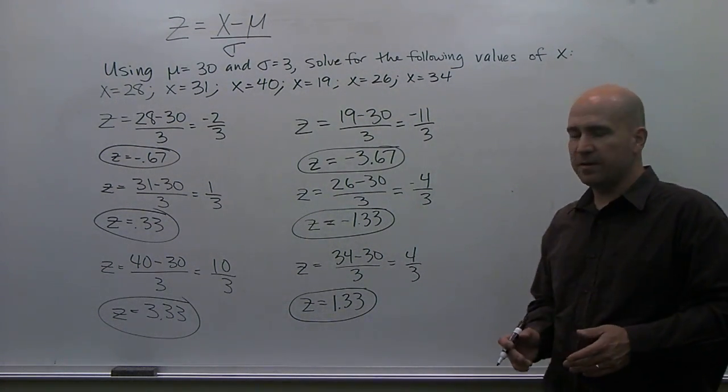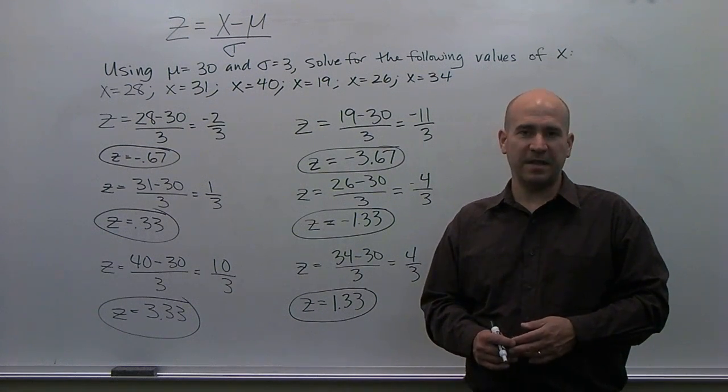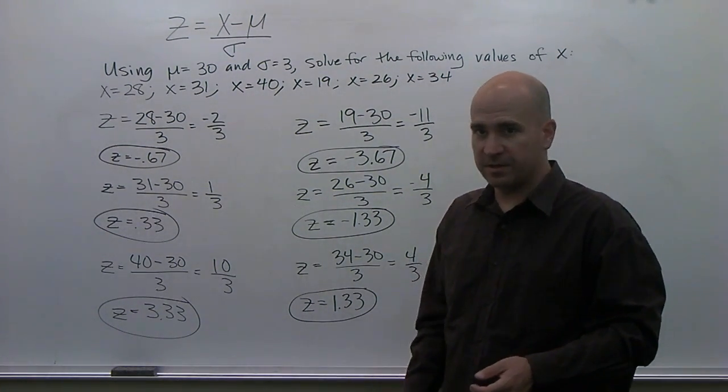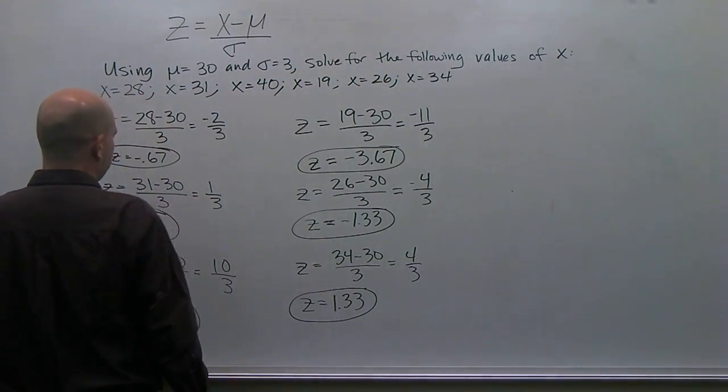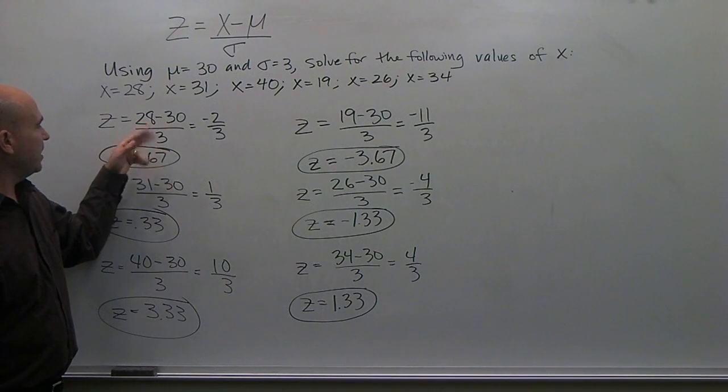And let's go ahead and go through each of them and interpret them in terms of what z means, in terms of the standard deviation units a score is away from the mean. So here, for example, starting with an x of 28.